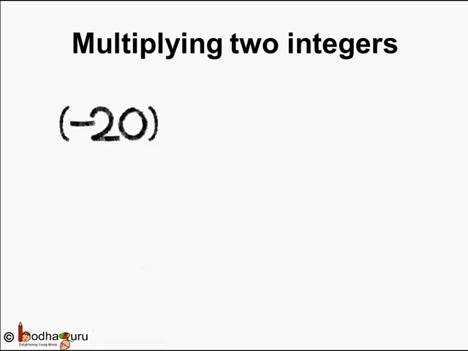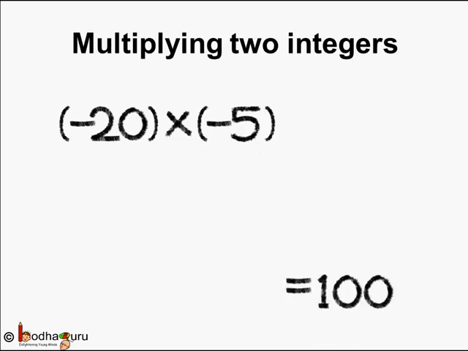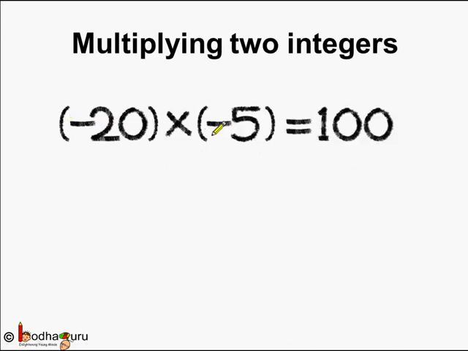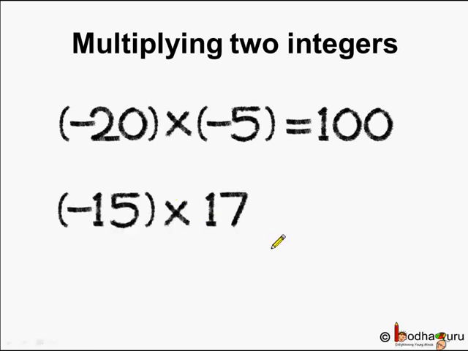What happens when we multiply two integers? Minus 20 multiplied by minus 5. Here minus minus becomes plus and the answer is 20 multiplied by 5, which is 100. So the answer is plus 100 or just 100 you can say.